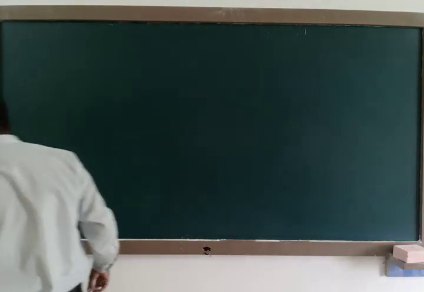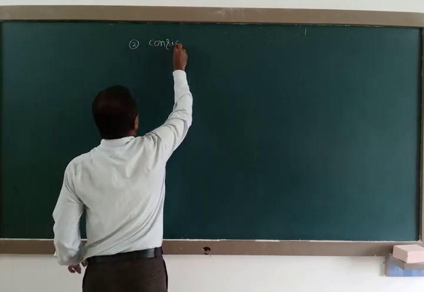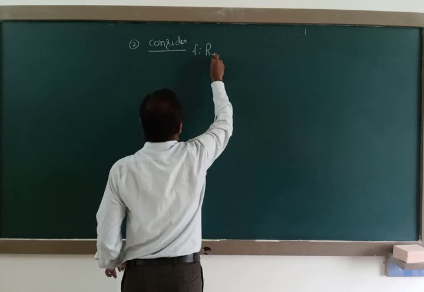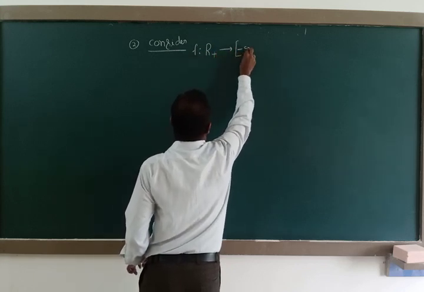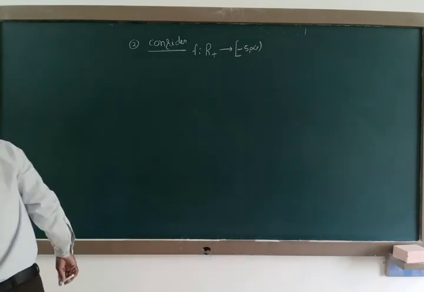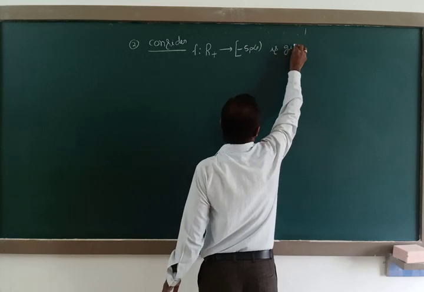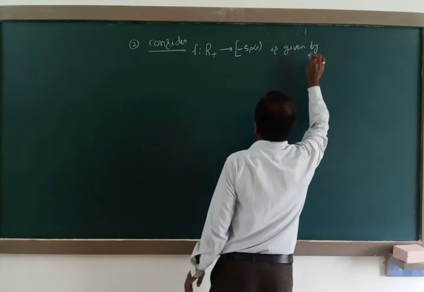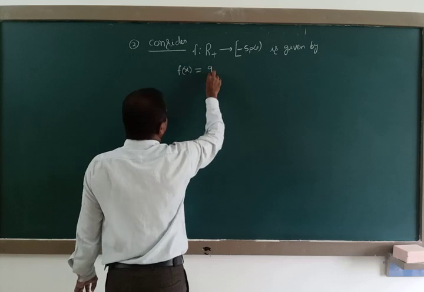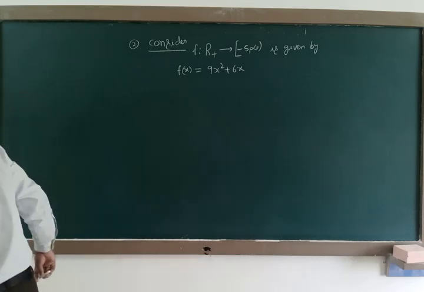Let f map from R plus, the positive real numbers, to the closed interval minus 5 comma infinity open interval, given by f of x is equal to 9x square plus 6x minus 5.